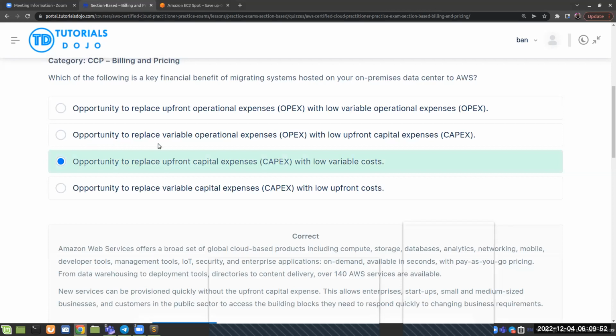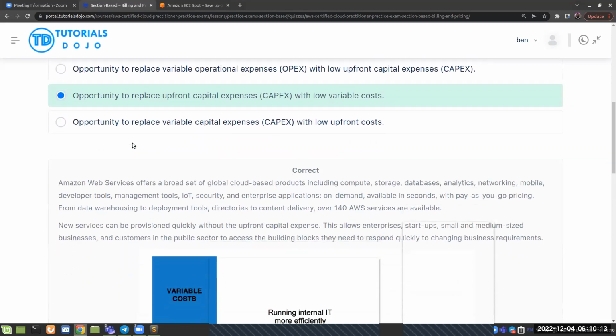Now B says opportunity to replace variable operational expenses with low upfront capital expenses, CapEx. When you are on premises, that's not what you are doing, so that's not correct. And the option to replace upfront operational expenses with low variable operational expenses is also not correct.